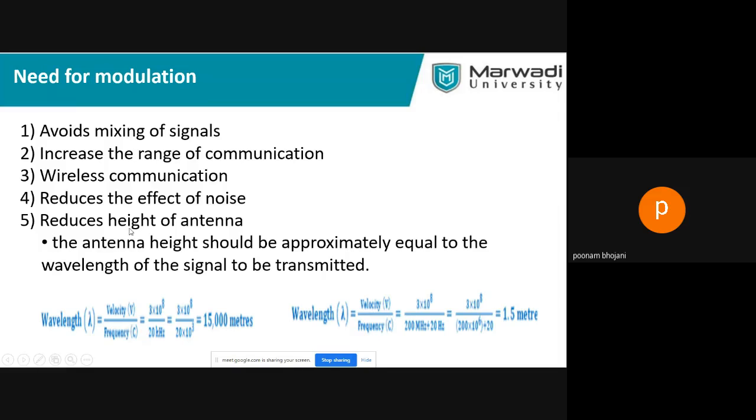You have done it only for the antenna height, but you are getting this many advantages by increasing the frequency. So you're not increasing the frequency of the message signal, you are superimposing the carrier signal over the message signal, same as what we have done in ASK, FSK and PSK. We will see the technique also, how we can do it.